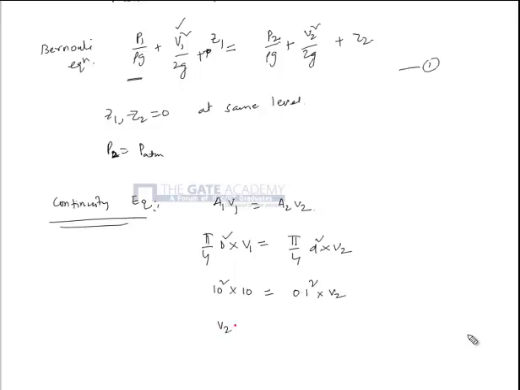So V2 is basically 1000 by, let's put everything in mm, 1000 by 0.1 whole square.